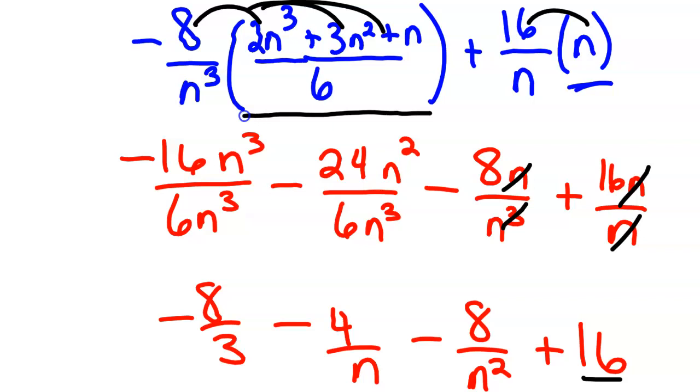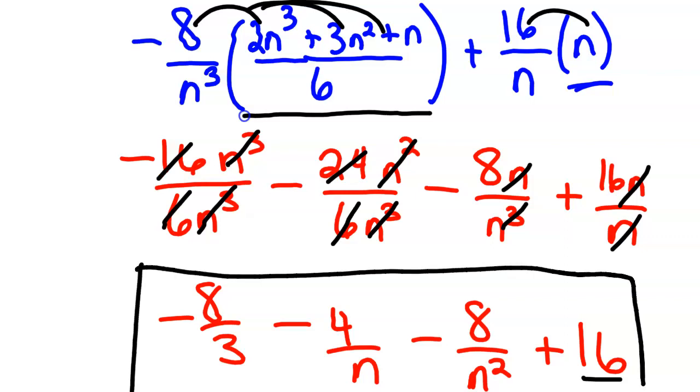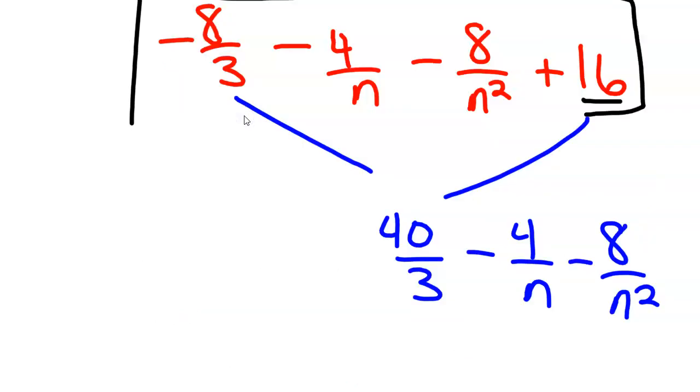That's n squared. That's n. That's 4. Those n cubes cross out because there's 1, and that's 8/3. And so here's our new function. It's starting to shape up nicely like the other one. So we combine the 8/3 and the 16. We get 40 over 3 minus 4 over n minus 8 over n squared.